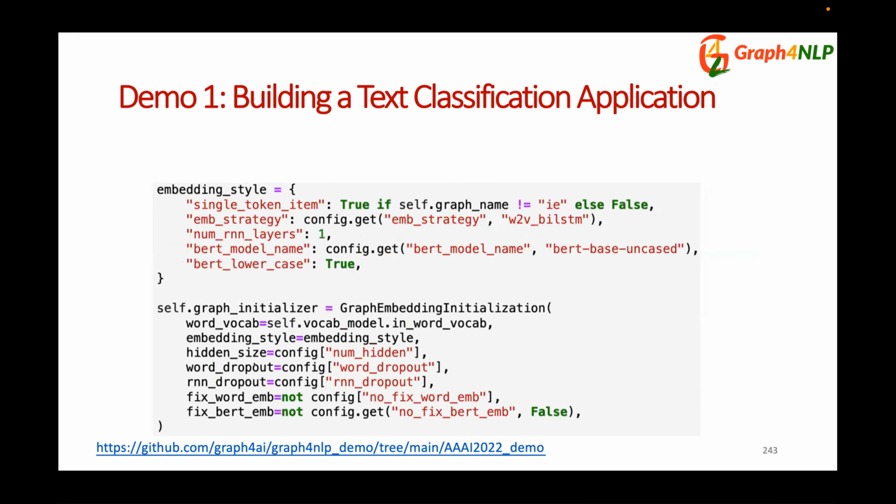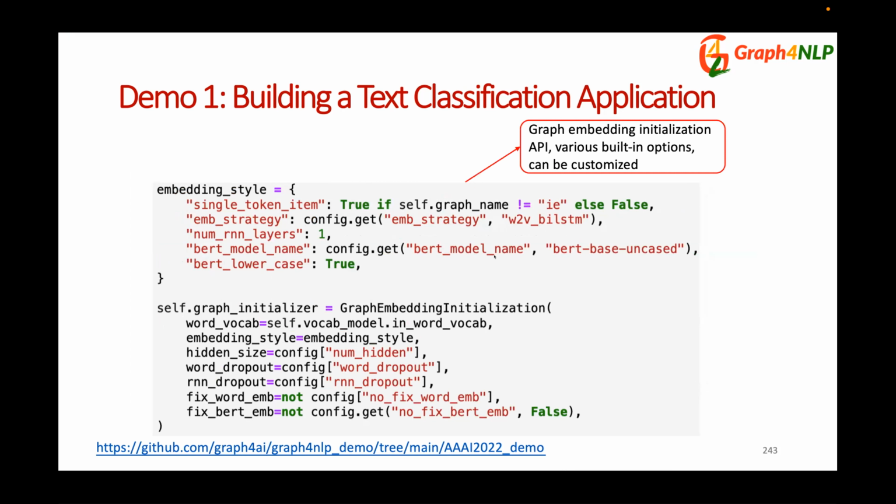As for the graph embedding initialization, we have previously introduced this module-level API. Here we can define whether it's a single-token scenario or a multi-token scenario. You can specify various embedding strategies to initialize the node embeddings, for example the word2vec with BiLSTM strategy.